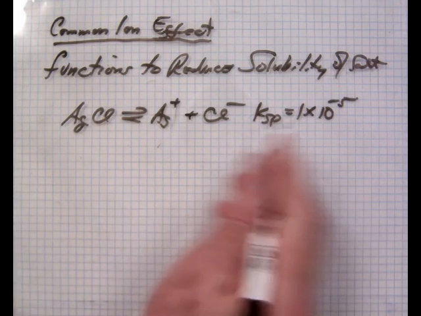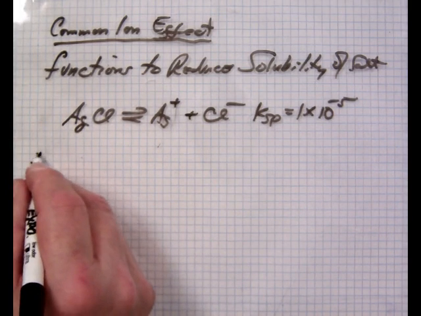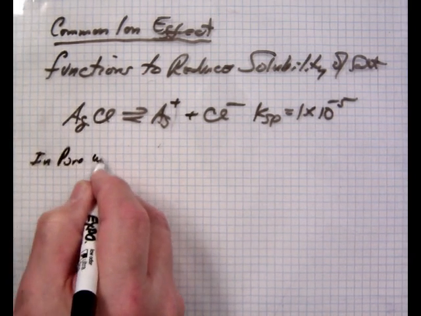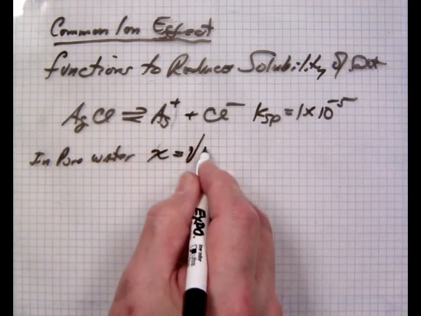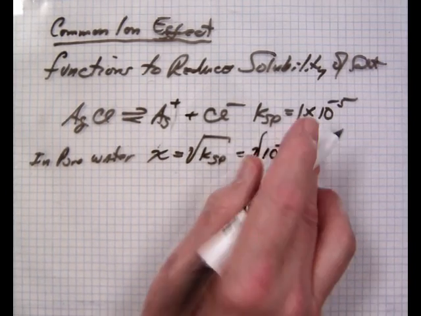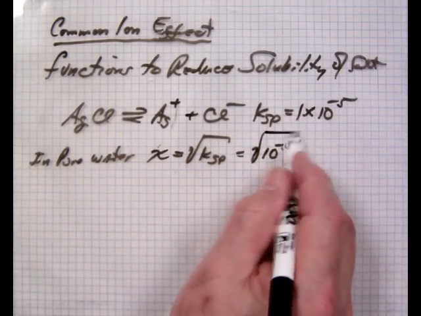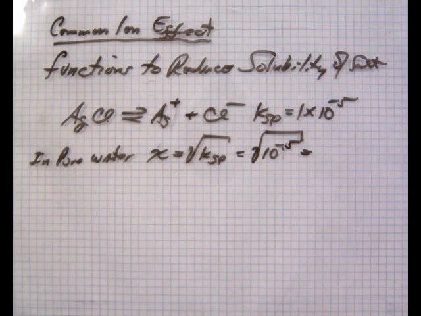So now, to work this and understand this, you need to compare it with the pure water solubility. So in pure water, solubility is simply the square root of KSP, which is the square root of 10 to the minus 5, which is 3.2 times 10 to the minus 3.